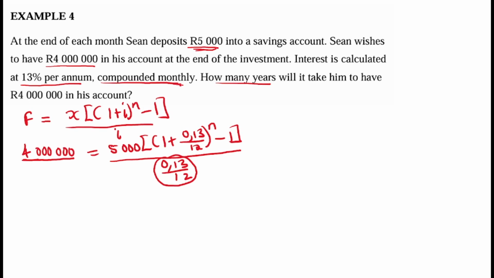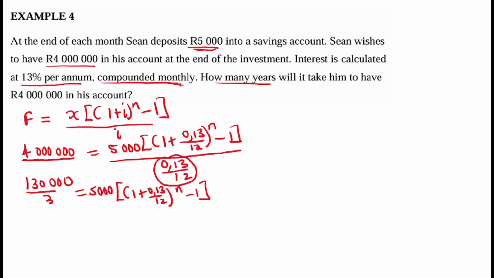We must get 130,000 over 3, which is equal to 5,000 times (1 plus 0.13 over 12) to the power n minus 1. Leave it as a fraction like this, because we don't want to round off during calculation.